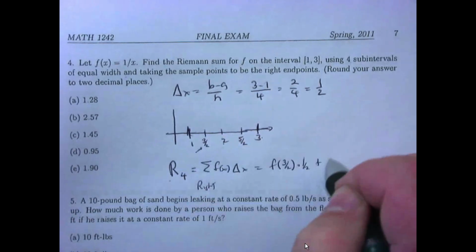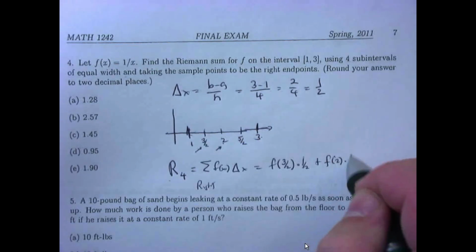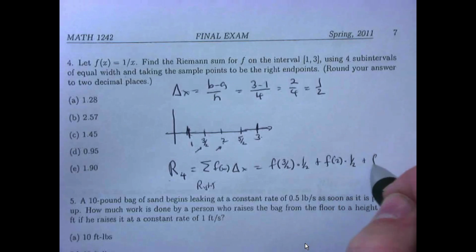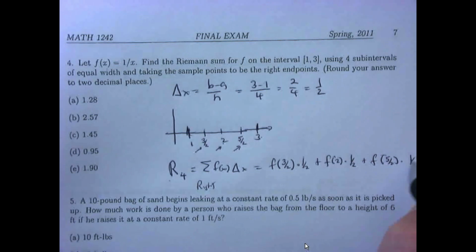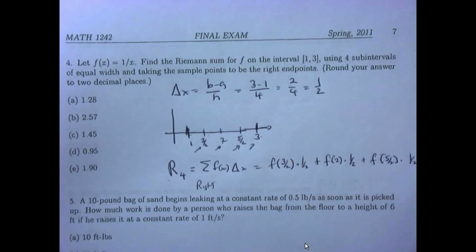Plus f of my next right point in my interval, which is 2, f of 2 times 1/2, plus f of the next right point, 5/2, f of 5/2 times 1/2, plus, using your last endpoint, f of 3 times 1/2.